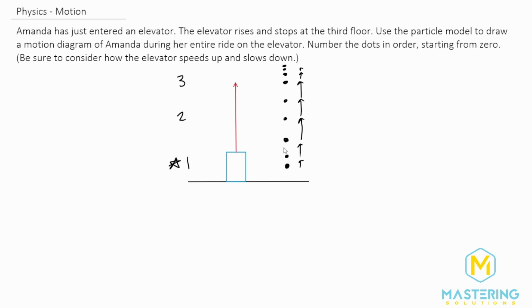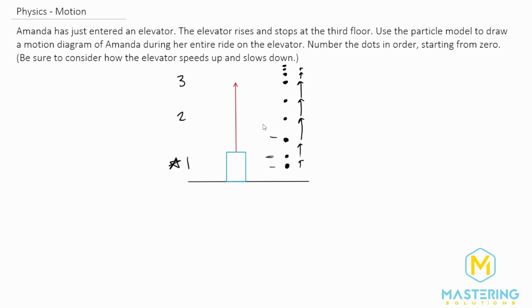So each of these dots represents the position at a certain time. And even though the space is changing, they're taking a picture, if you imagine like a snapshot, at the same time. So every second or half a second or whatever the time period is, it's consistent. So from this spot to this spot is, we'll say, 1 second.